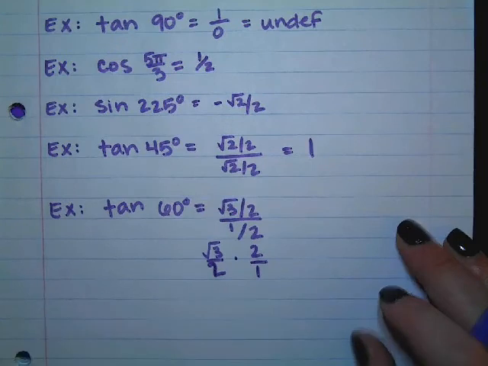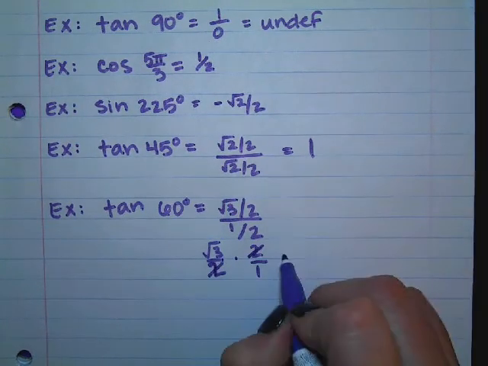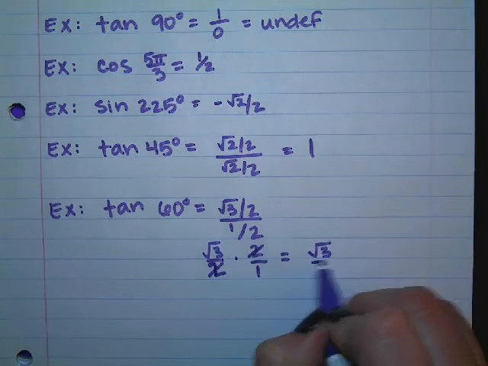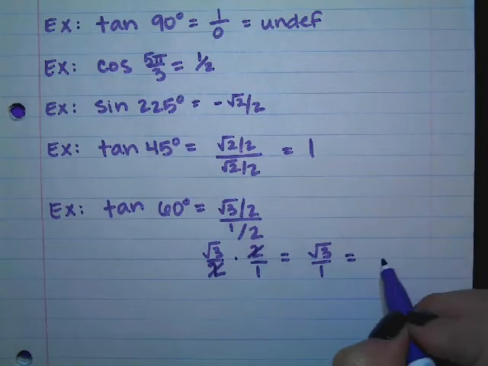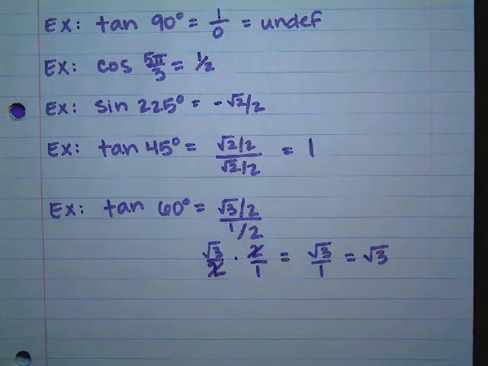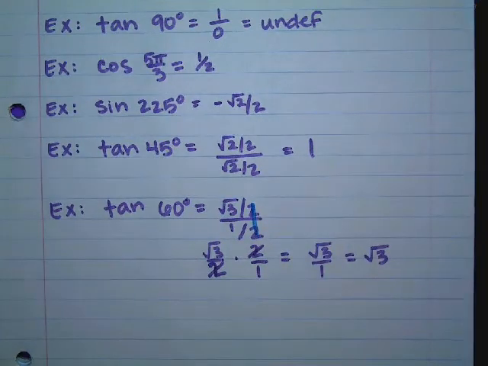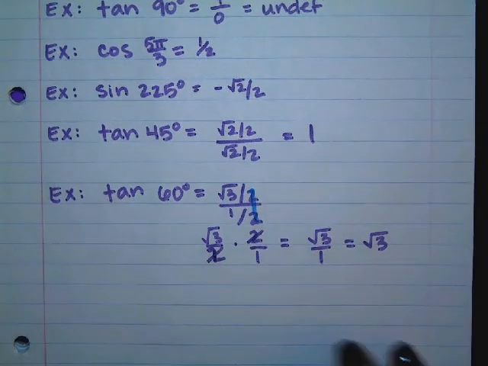And then the 2's cancel out, and we get root 3 over 1, which is root 3. The other thing students like to do is say, oh, those cancel. You can do that.